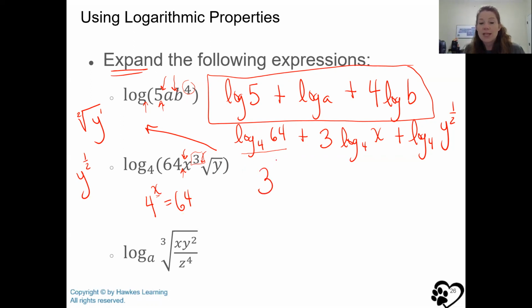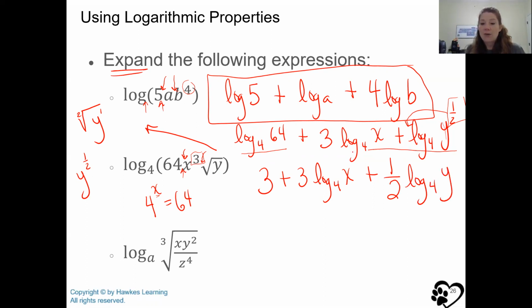That simplifies to 3 plus 3 times log base 4 of x plus, here's our exponent, we're going to bring it all the way out here in the front, according to those properties, 1/2 times log base 4 of y. And now that expression is simplified. Okay? All right, just to clean up this screen, I'm going to delete everything, so you can always rewind if you need to.